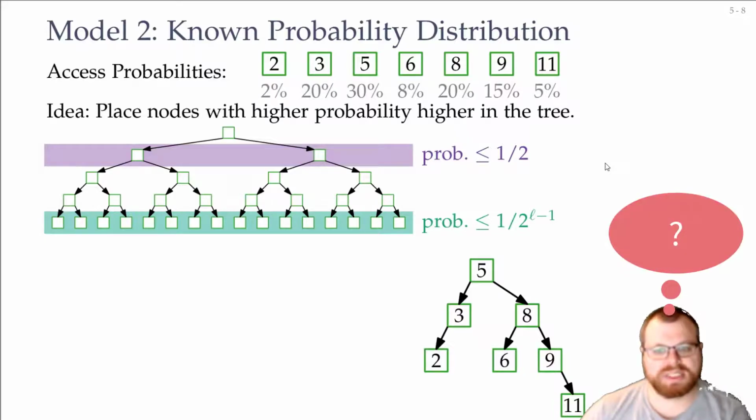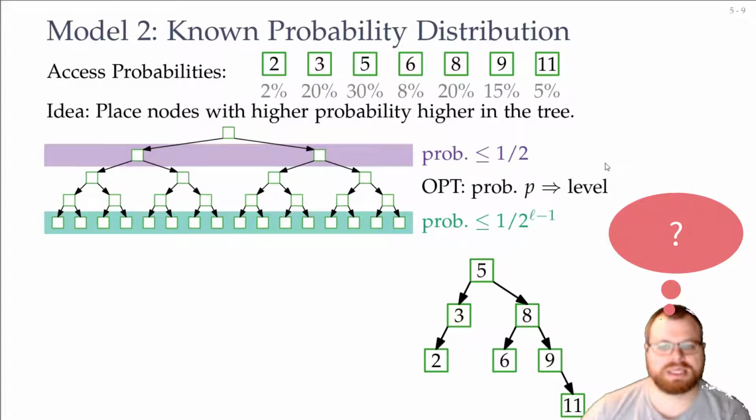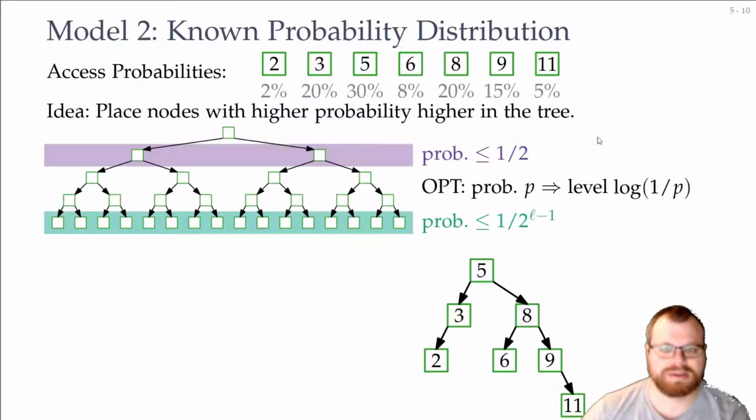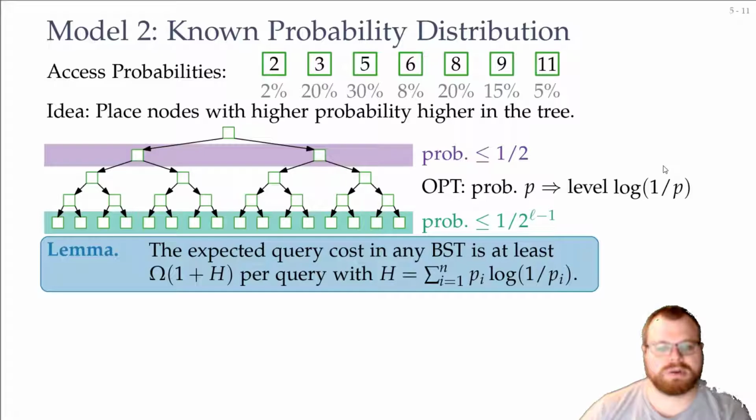So optimally, we would want a key that has probability p to be set into which level? Well, if it has probability p, then we have to reverse this: level log 1 over p or higher. And if we can achieve that for every vertex, then we get the following bound.